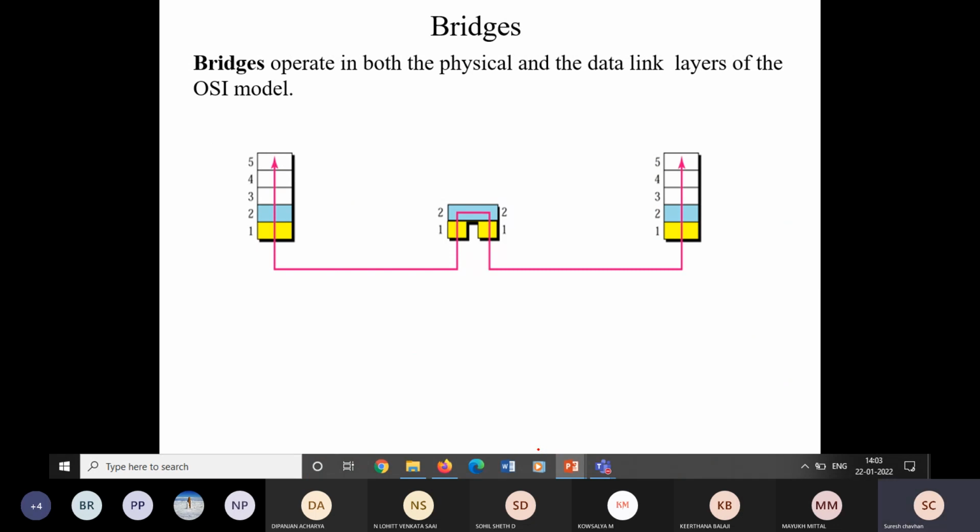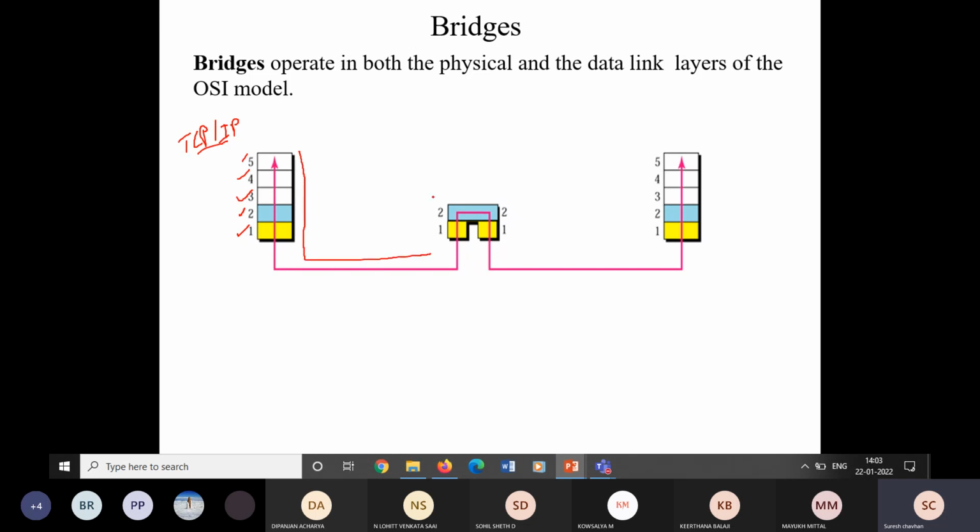As we have seen in the first slide, the bridges will operate in both layers. Here it is a TCP/IP model, right? Why TCP/IP? Because it has only 5 layers, right? Application layer, transport layer, network layer, data link layer, and finally the physical layer. So the data will be flowing like this.